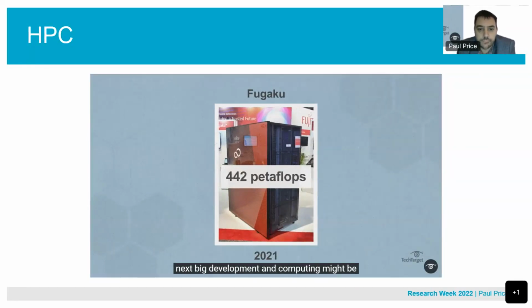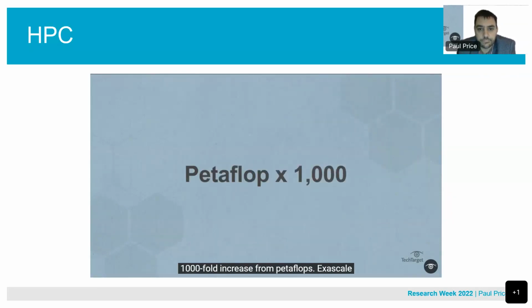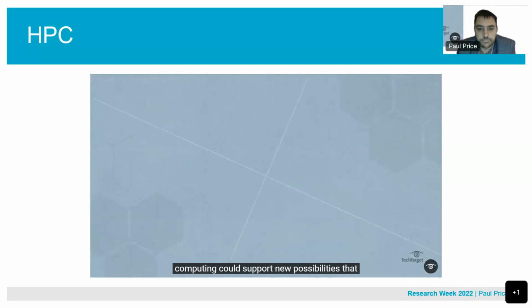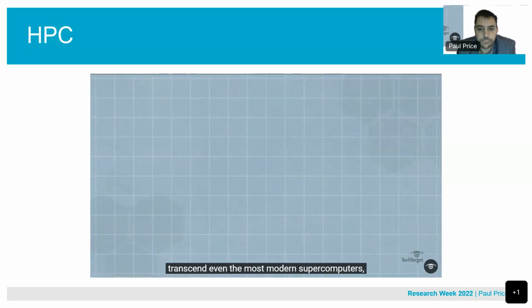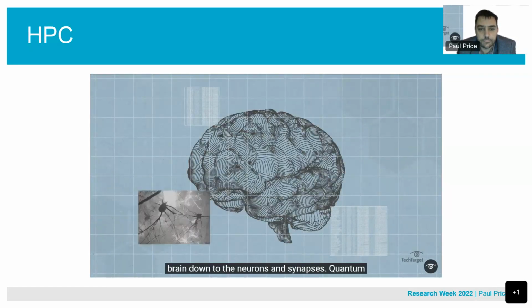The next big development in computing might be processing in the exaflops range, that is, a 1,000-fold increase from petaflops. Exascale computing could support new possibilities that transcend even the most modern supercomputers, like generating an accurate model of the human brain down to the neurons in synapses.